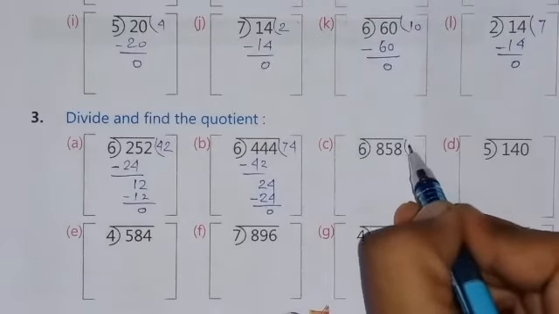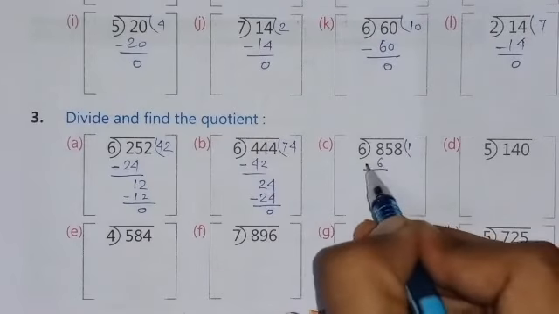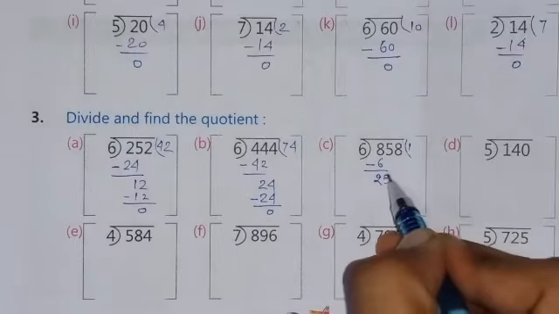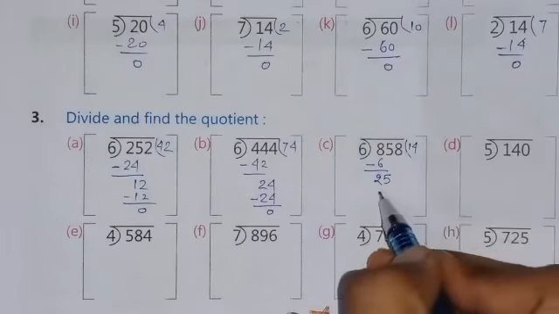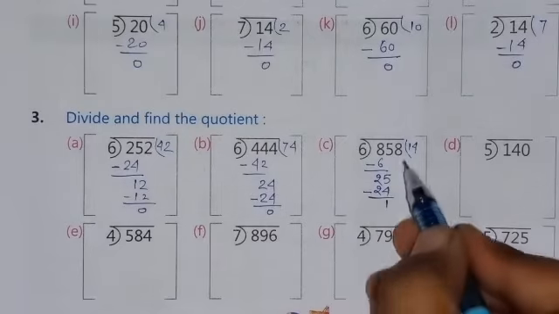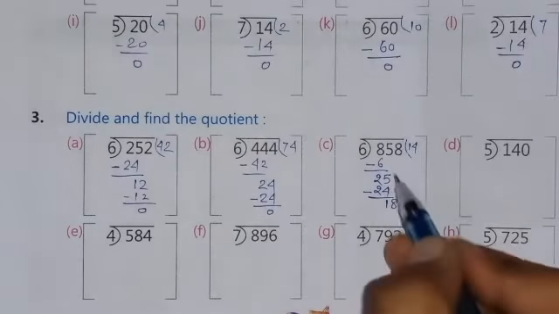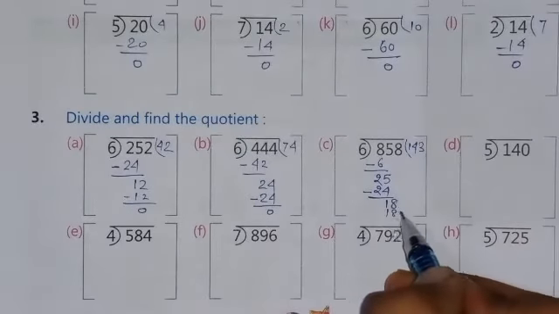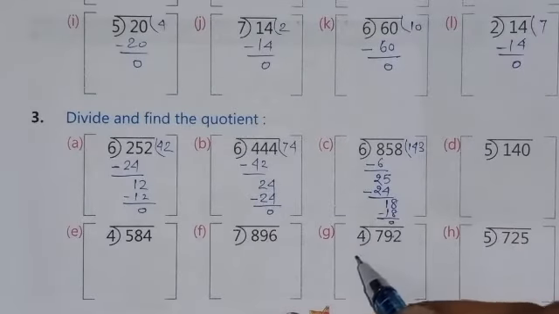So first of all, 6 1s are 6. On subtracting you will get 2. Now you have to write down 5 here. 6 4s are 24. On subtracting you will get 1. Now we have to write down 8 here. In the table of 6, 18 comes 3 times. So 6 3s are 18. On subtracting you will get 0.